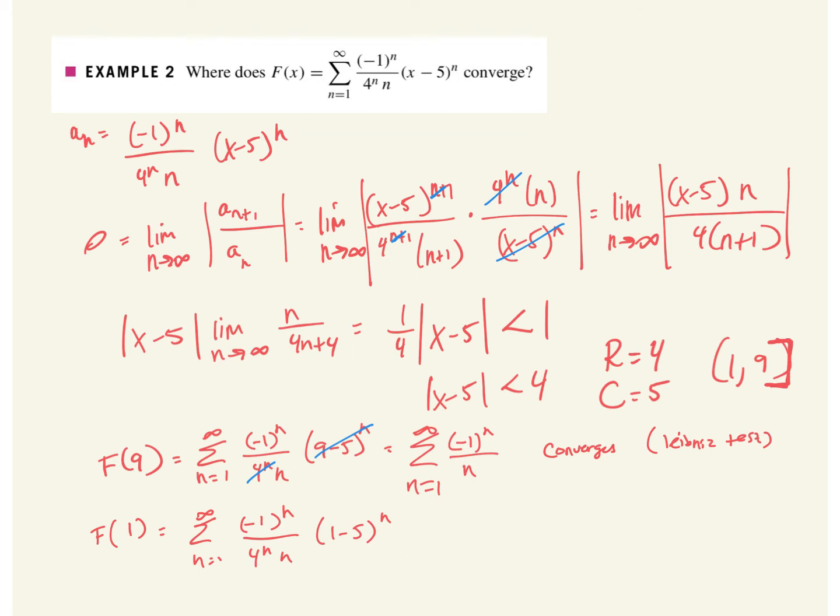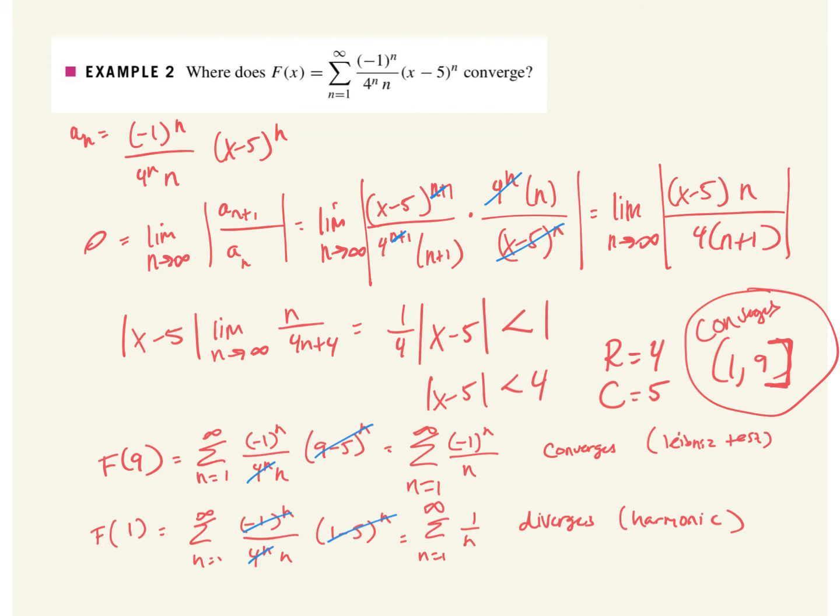So all of that's gone. So I am left with 1 over n, which is a harmonic series, and this diverges. So therefore a parenthesis is good, and my conclusion would be that it converges from 1 to 9, inclusive of 9.